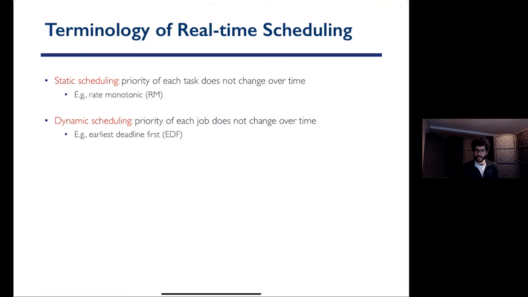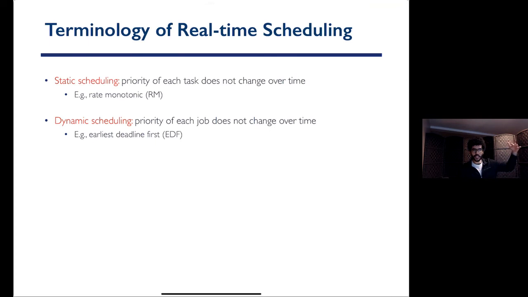Another type of scheduling policy is dynamic scheduling. With dynamic scheduling, we're going to give fixed priority to jobs, not to tasks. Again, I remind everyone that the hierarchy was tasks, and then each task has jobs.